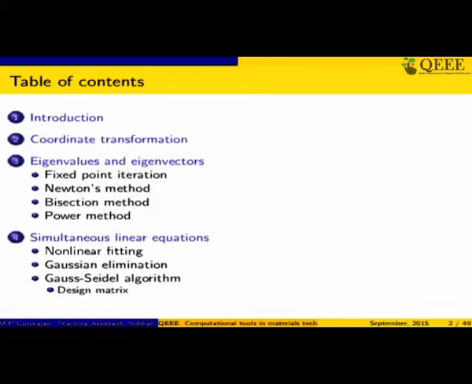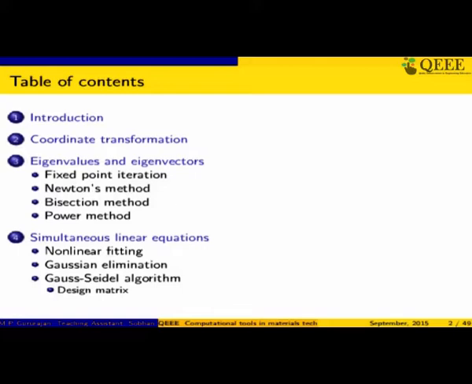And finally, we will look at solution of simultaneous linear equations. They are very important and they arise in very many different contexts. So last time when we were discussing fitting, I was talking about nonlinear fitting. So we will take a look at an example of that and how you have to solve simultaneously certain equations to get solutions for those kind of problems.